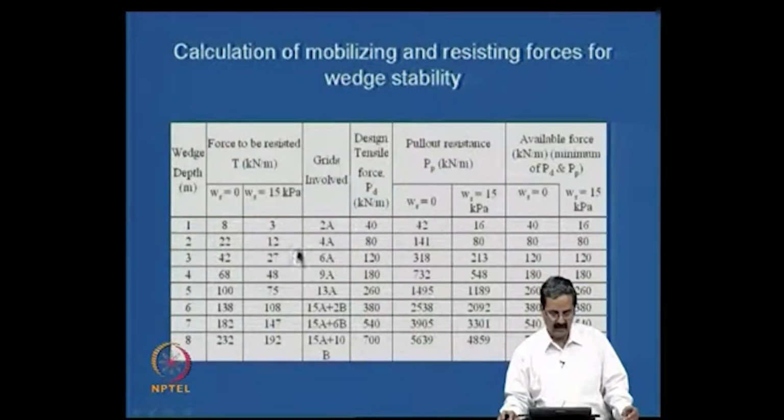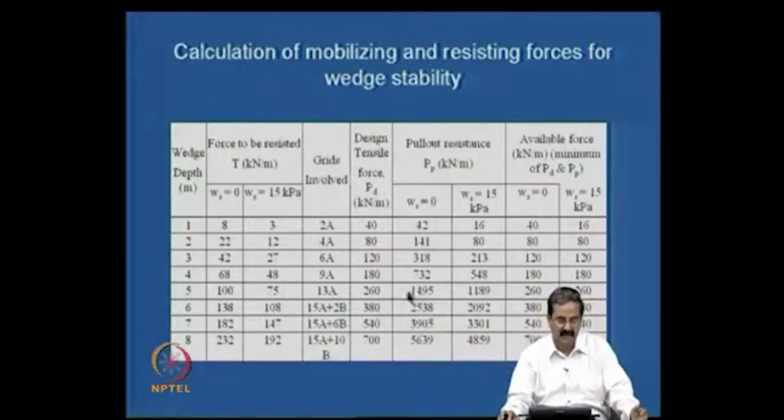Pull out resistance is higher, right, 141 is higher than 80. So, it is fine, 80 into 4. Like that you can check at every level. Normally we need higher pull out resistance so that it does not come out. That is how we provide, and the tensile force requirement is already satisfied here. You can see clearly that at every level the pull out resistance is more than the tensile force requirement, and it is fine, it is stable.